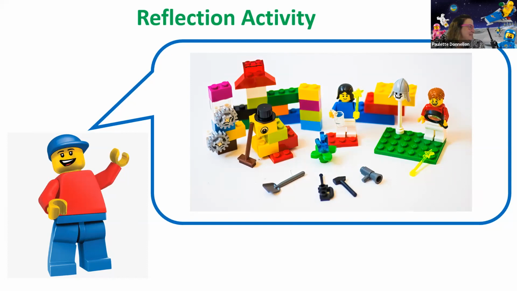I gotta order some more stuff. I'm running low on that particular bag. Actually, I gotta write that on my list of things to do. We actually sell this particular bag.